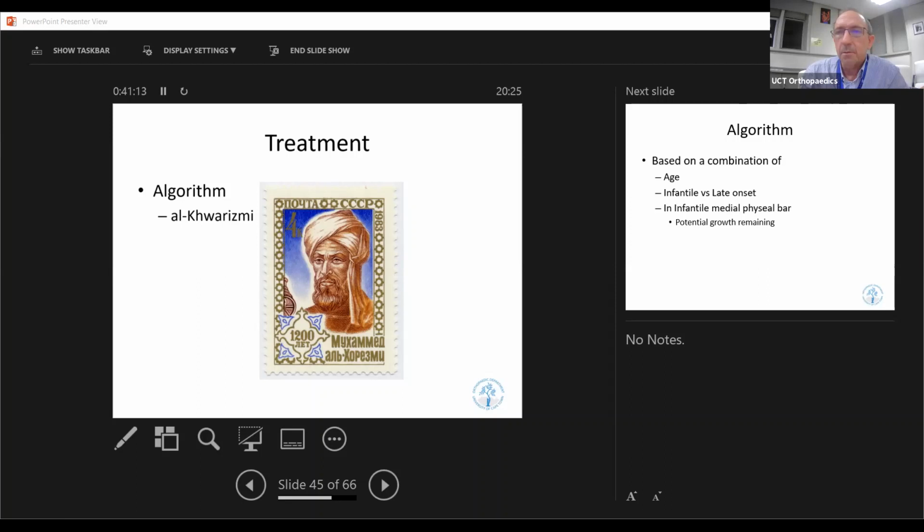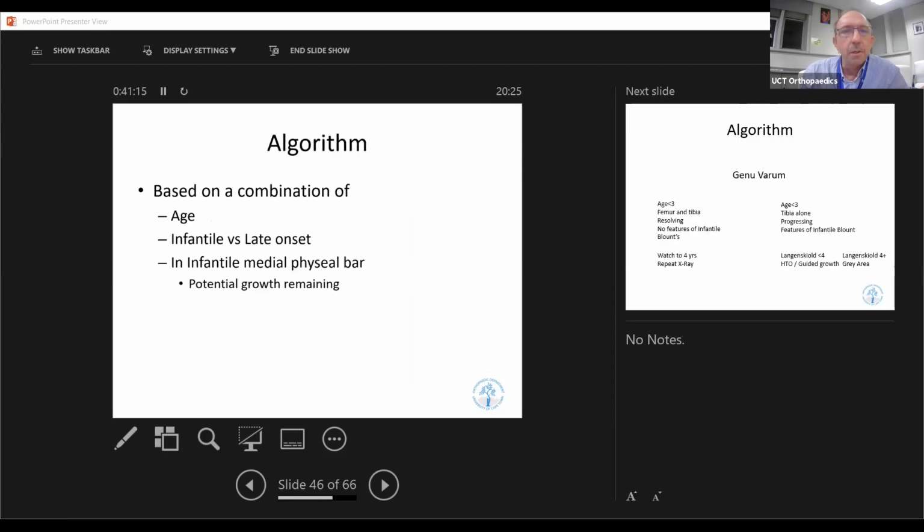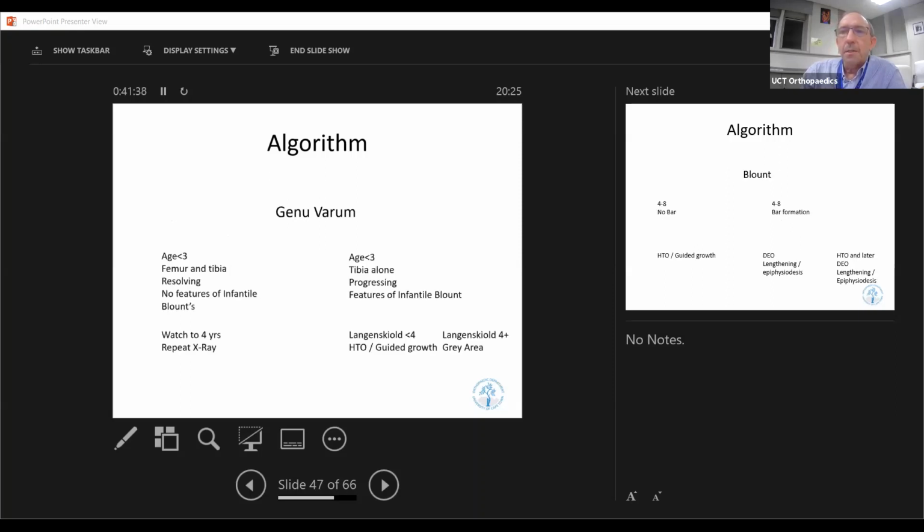The algorithm that we'd like to get with Blounts would be based on a combination of age, and infantile versus late onset, because they're 2 fairly different diseases, and in the infantile, those with and without the medial physeal bar. So let's just try and dive into it a little bit.